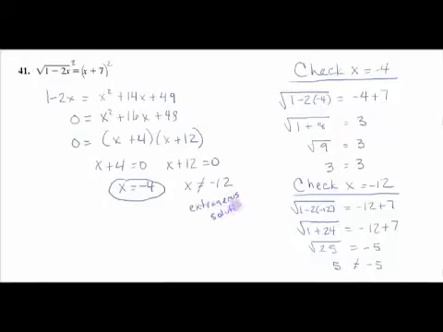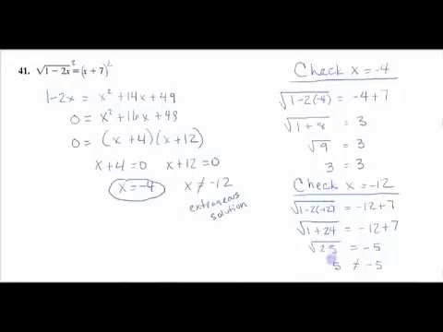Whenever we square both sides of an equation in the process of solving, we can often come up with an extraneous solution. This is why checking when we are squaring both sides of an equation is not an optional activity.